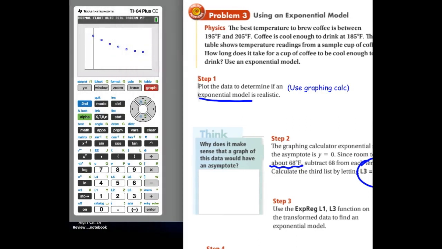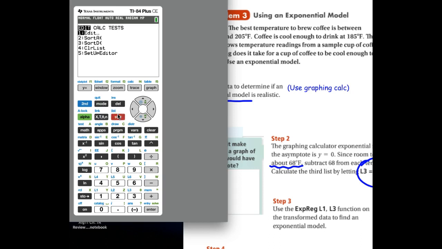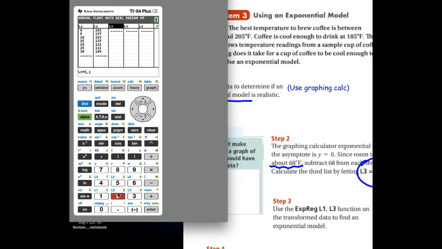So let's go back to our stat, edit. I want you to go over to list 3 and arrow up so you're in the place where it says L3 in that little cell. We're going to put a formula in that. I'm going to tell it, take second 2, take list 2, and subtract 68.